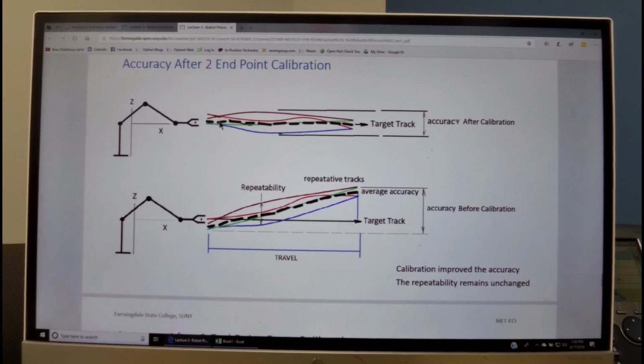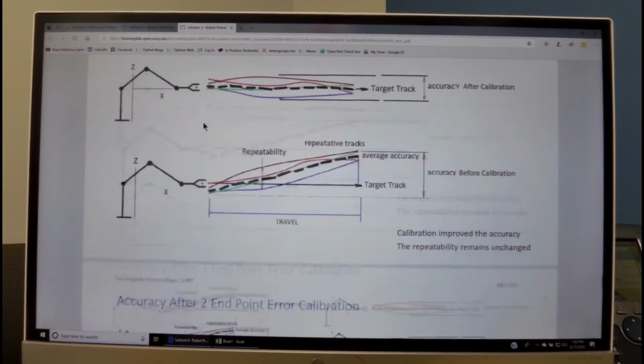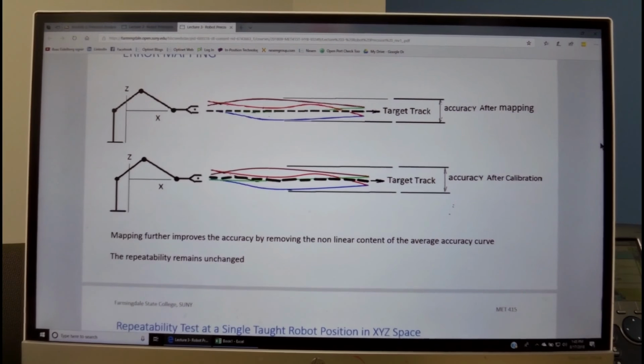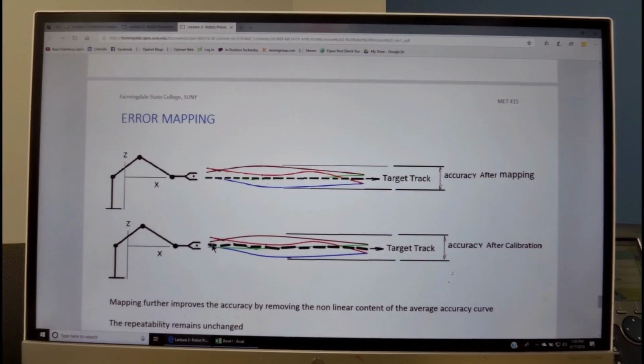You see still that we have this little waviness, which if we want to get rid of, we need to do mapping. The way we do error mapping is by measuring the waviness at very small intervals, and then adding a map into the positioning system.